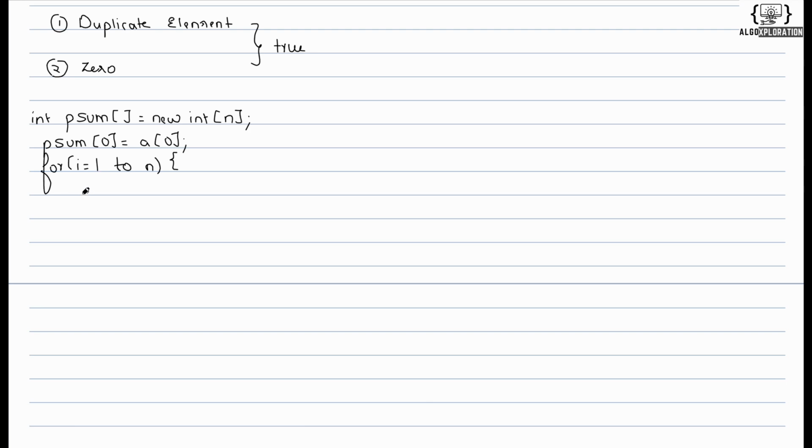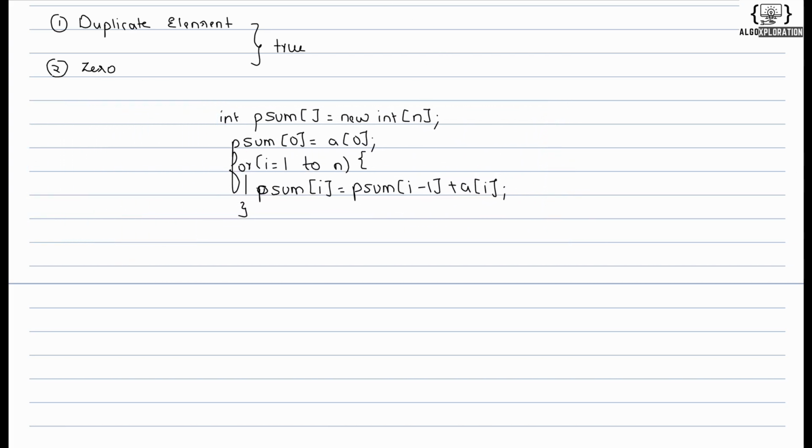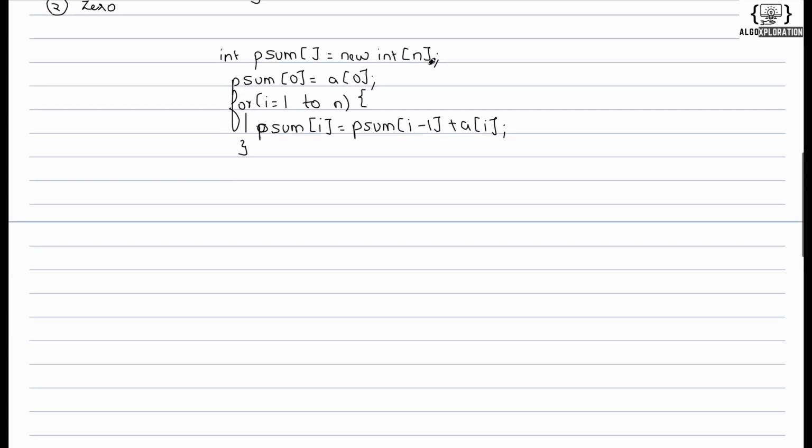After that we are going to have psum of i is equal to psum of i minus 1 plus a of i. I hope you know this, we have solved it millions of times. Now creating the prefix sum array is done.